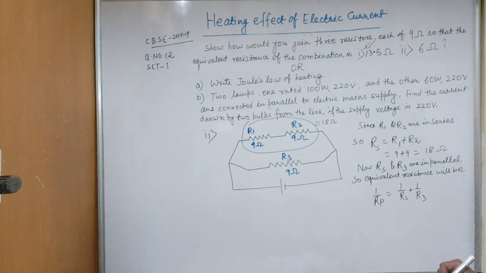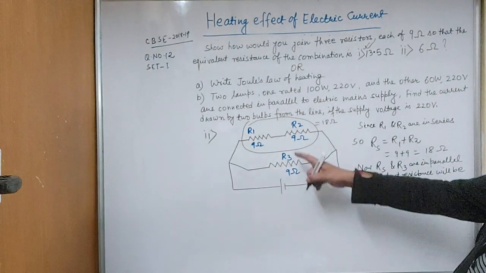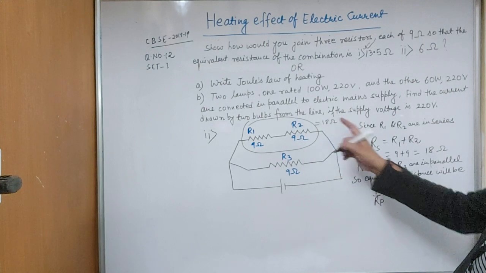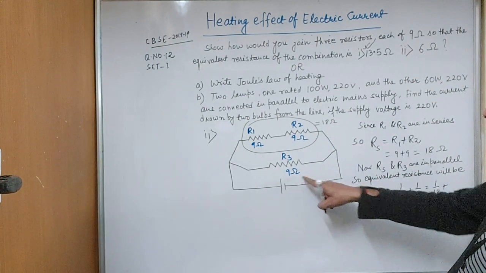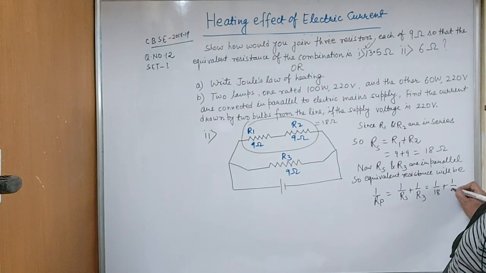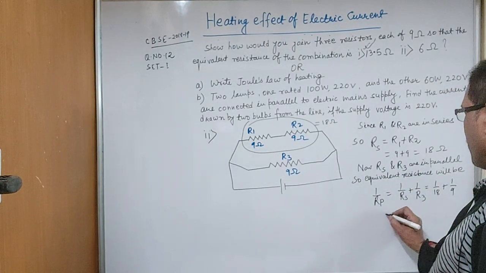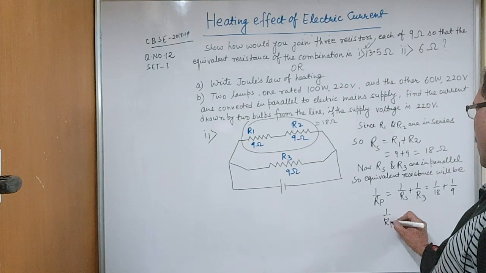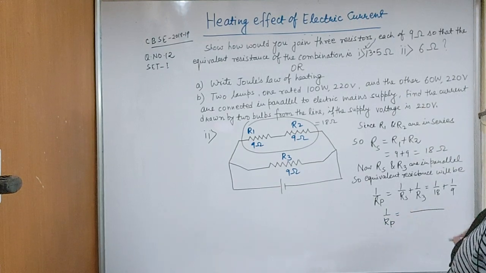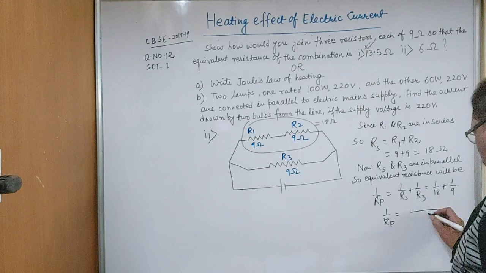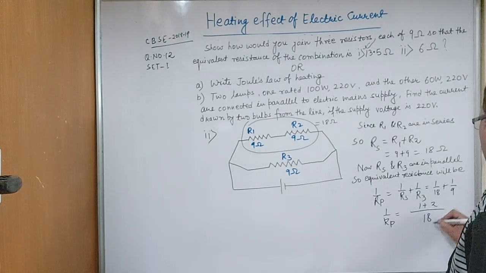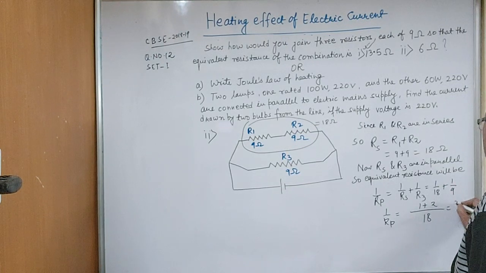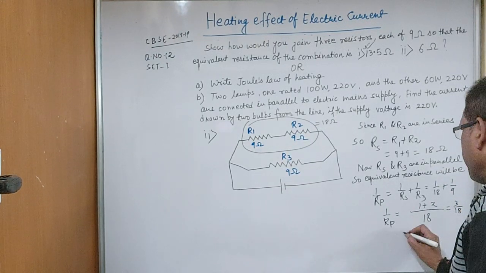In this way we calculate the equivalent resistance of a parallel combination. So this Rs is 18, so 1 by 18, and R3 is 9 ohm, so 1 by 9. Now simplify it, so 1 by Rp is equal to, 18 is the LCM, and 9 2s are 18 and 2, so it will be 3 by 18.